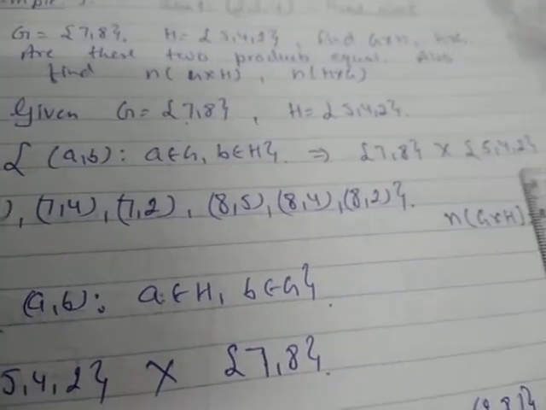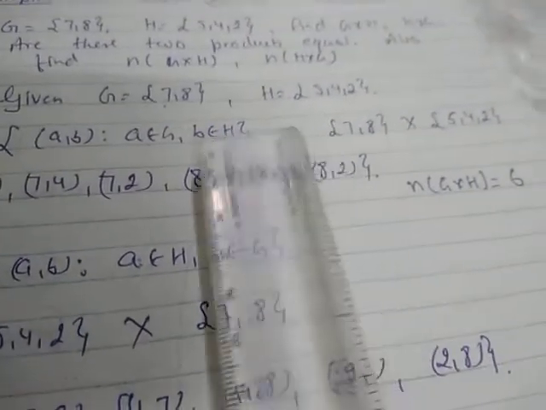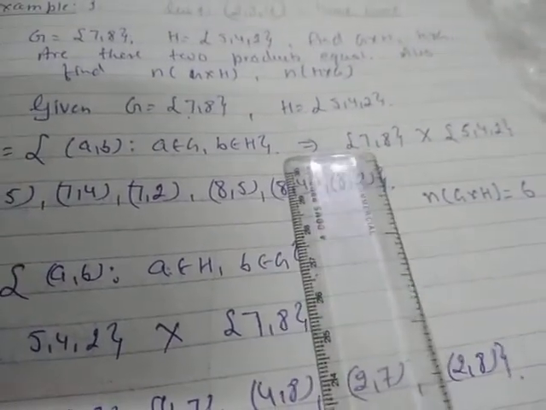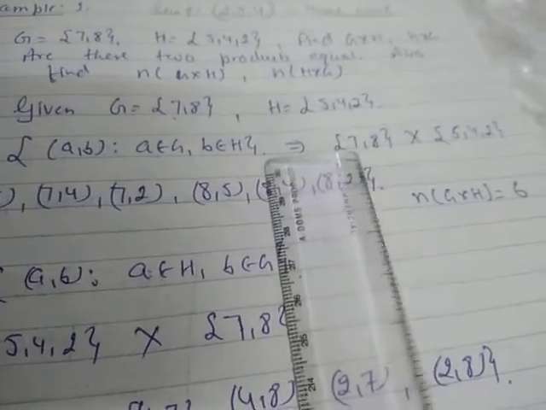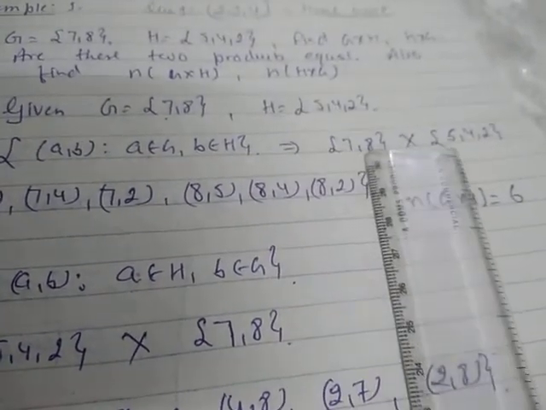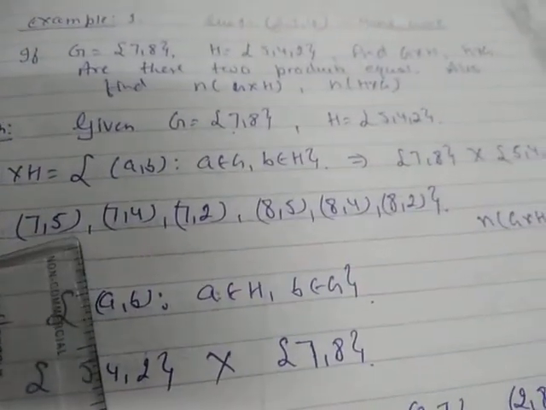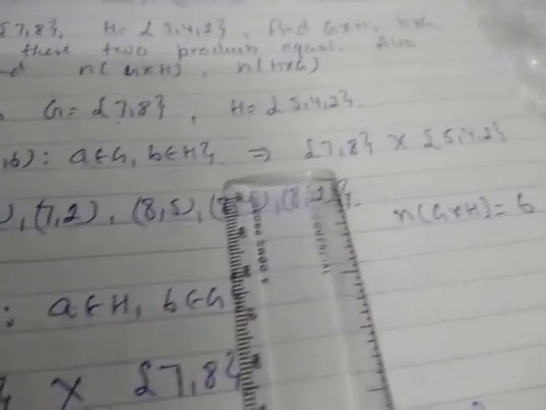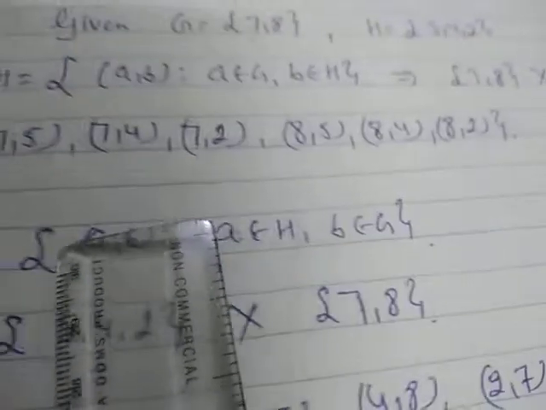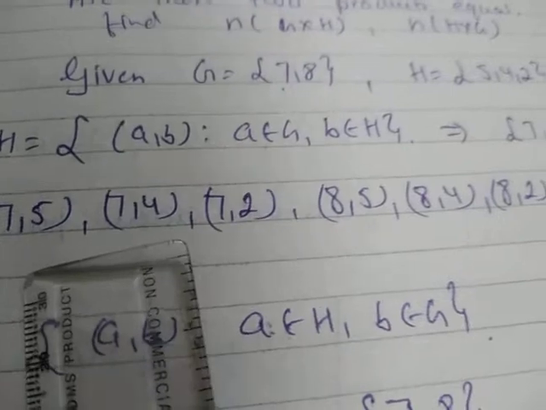Now, children, take the first element of this set. This is 7. So 7 can be associated with 5, so (7, 5) is your first ordered pair. Then (7, 4), (7, 2). Just see here: (7, 5), (7, 4), (7, 2).